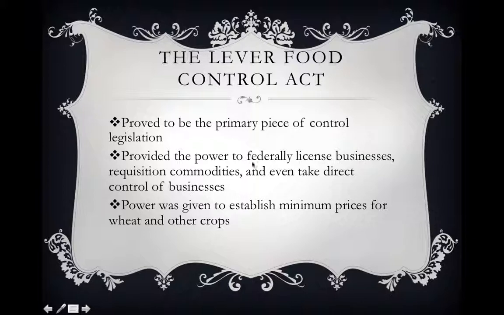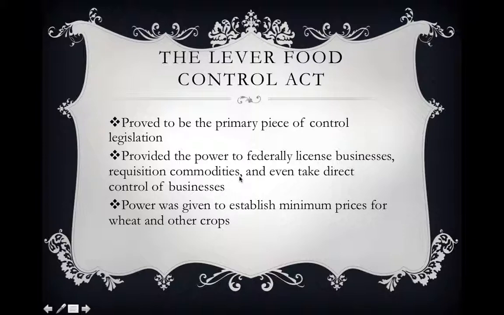So you might think that licensing is a very small component of control, but in essence, it gives you total control. If you refuse to license somebody, they can't do business. And if you threaten to take their license away, they can no longer do business. So the ability to license companies is a very important component of governmental control. Also, requisitioning commodities.